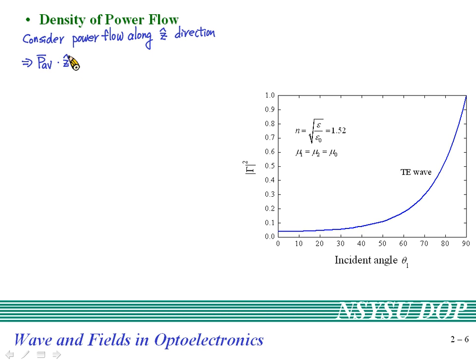By using P_av dot z hat, we can obtain the power density along the z direction, and take the definition of the time averaging Poynting vector.